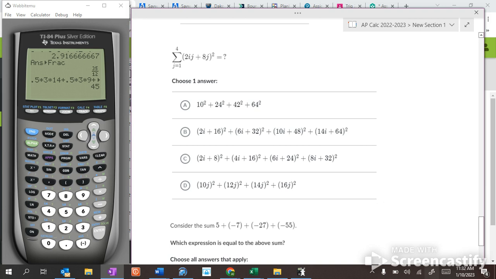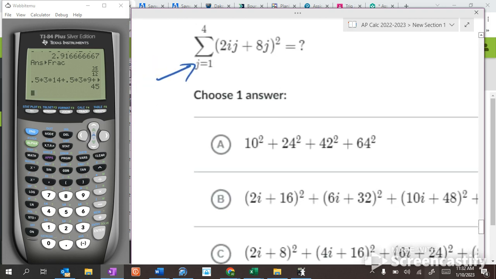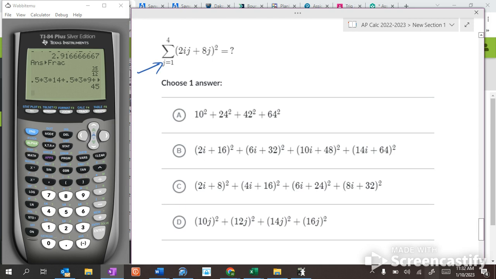Let's look at this one. We've got I's and J's in. Does this have anything to do with I? I think that's a J. That's a J, sorry. So, does that have anything to do with I? No, so we don't plug anything in for I. So we leave it as I. So it's 2 times I times 1 plus 8 times 1 squared.